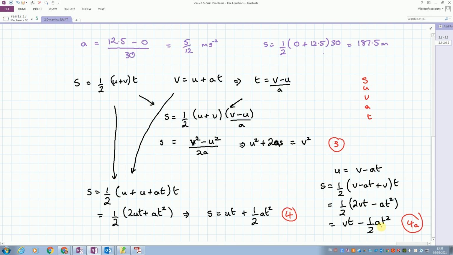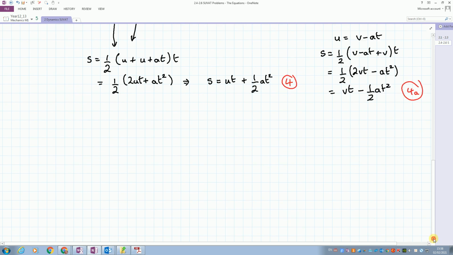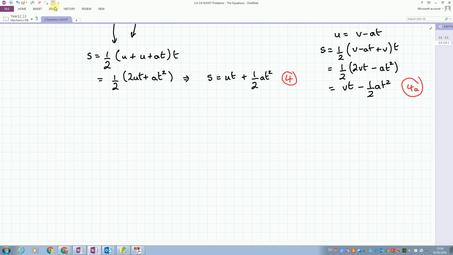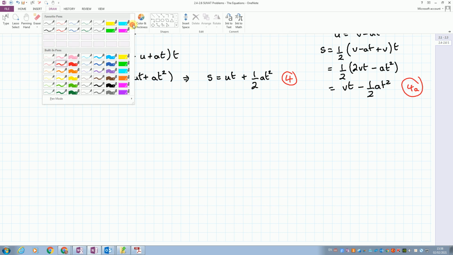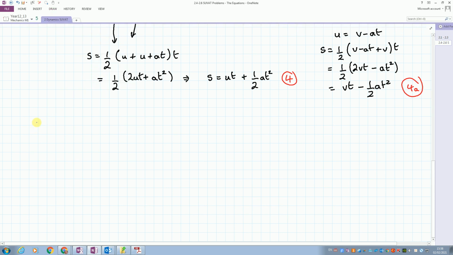So let's put in another version of the equations then. Here's another example, again straight from the book. This is their example 10. It says particle P. Now, particle normally means it's small, i.e. no size.